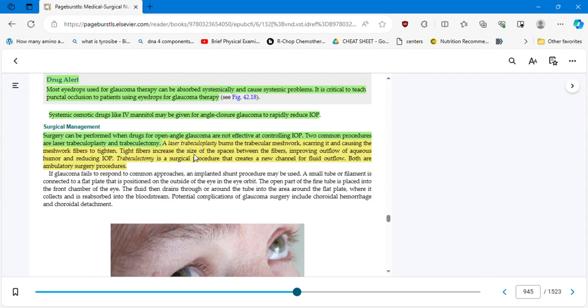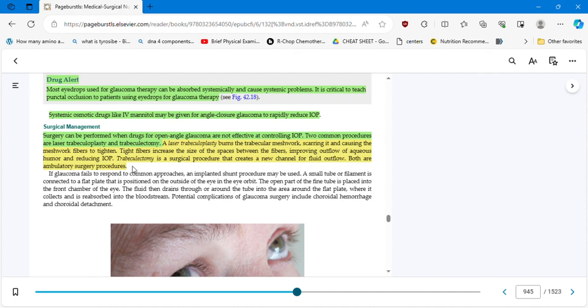A laser trabeculoplasty burns the trabecular meshwork, scarring it and causing the meshwork fibers to tighten. Tight fibers increase the size of the spaces between the fibers, improving outflow of aqueous humor and reducing IOP. Trabeculectomy is a surgical procedure that creates a new channel for fluid outflow. Both are ambulatory surgery procedures.